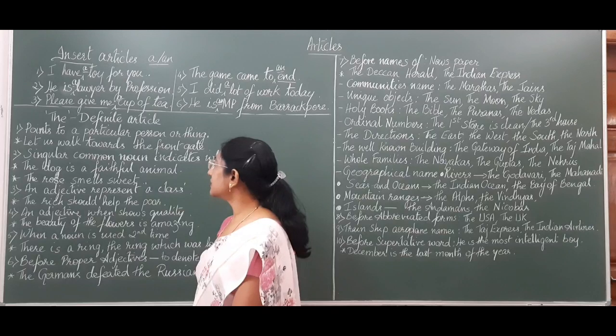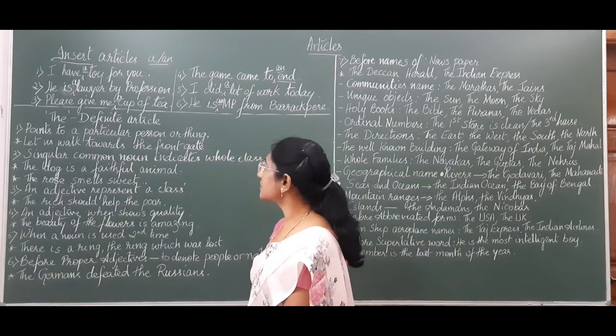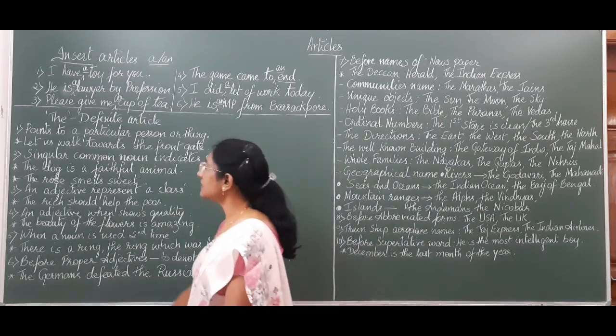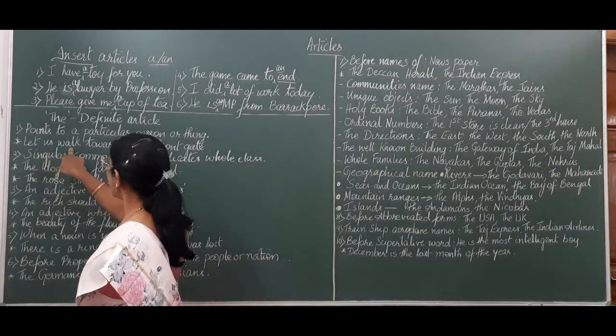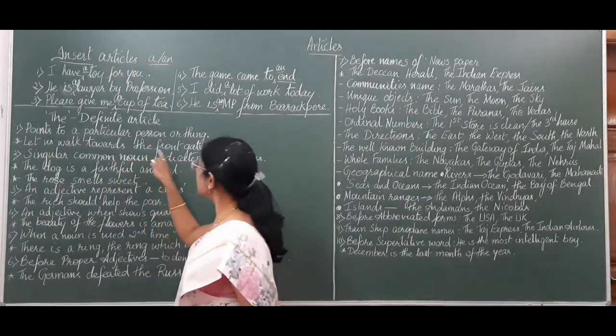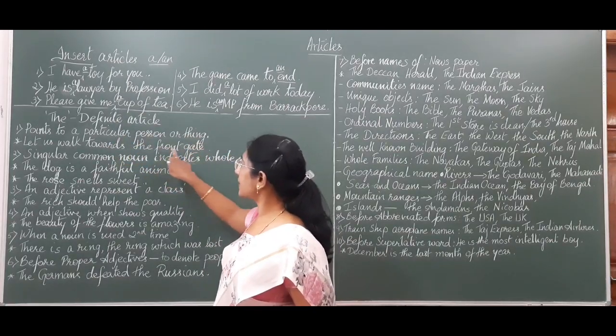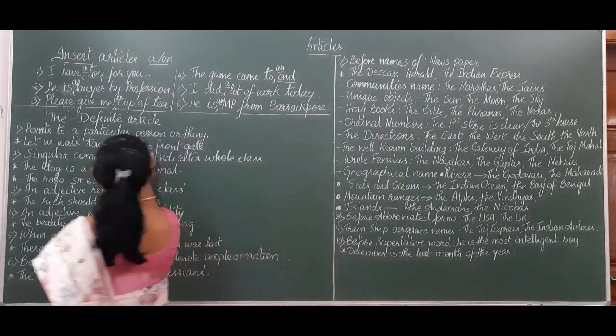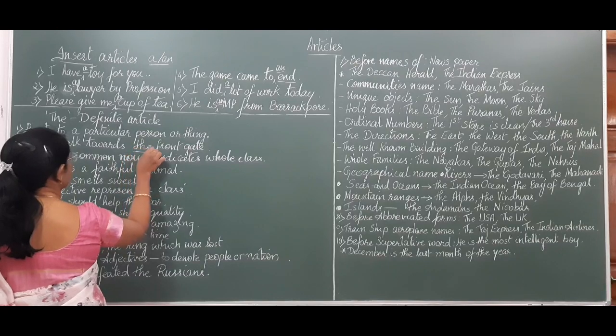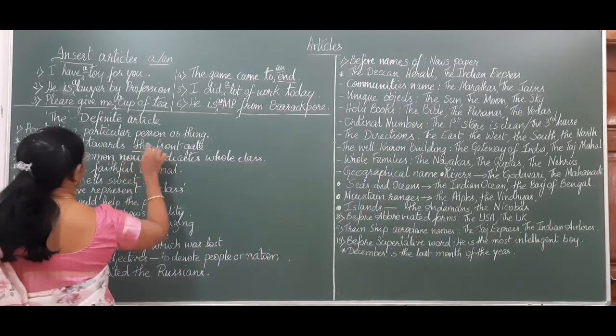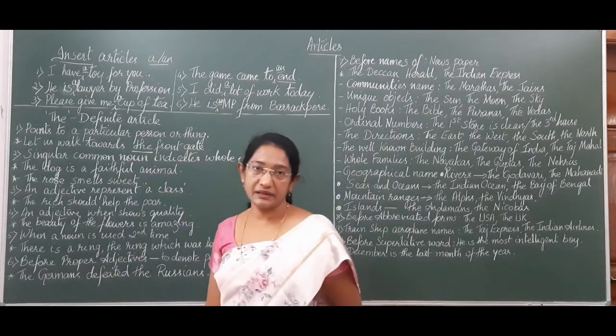It points to a particular person or thing. For example, let us walk towards the front gate. A particular thing, the front gate, so we use the definite article the to denote a particular person or thing.